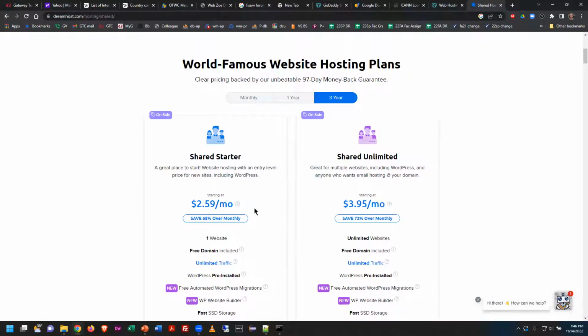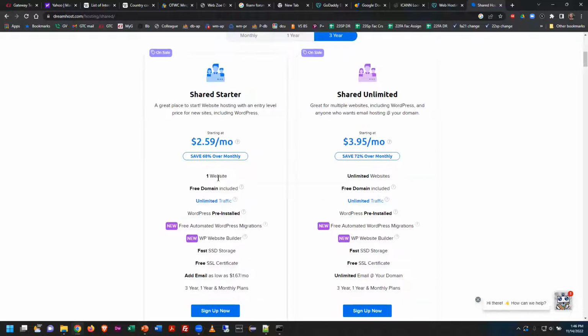I guess they were providing it, but they were saying, hey, this is a better price, right? But what they're telling you here is that you have to pay for the whole year up front, but otherwise the regular rate is $6 a month for this level of hosting, and it shows you what you get included.